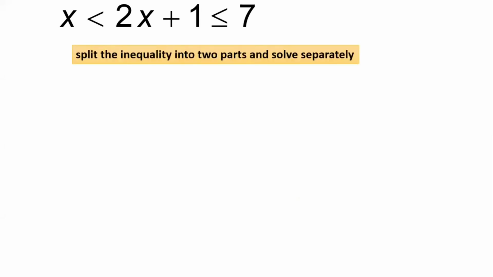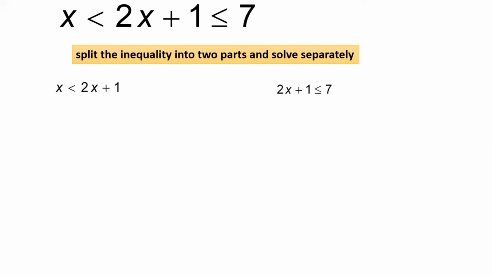Okay, so let us solve another inequality. x is less than 2x plus 1, less than or equal to 7. This can be solved by splitting the inequality into two parts, or we can solve it the way we did on the previous slide. If we split it, we get x is less than 2x plus 1, and 2x plus 1 is less than or equal to 7.